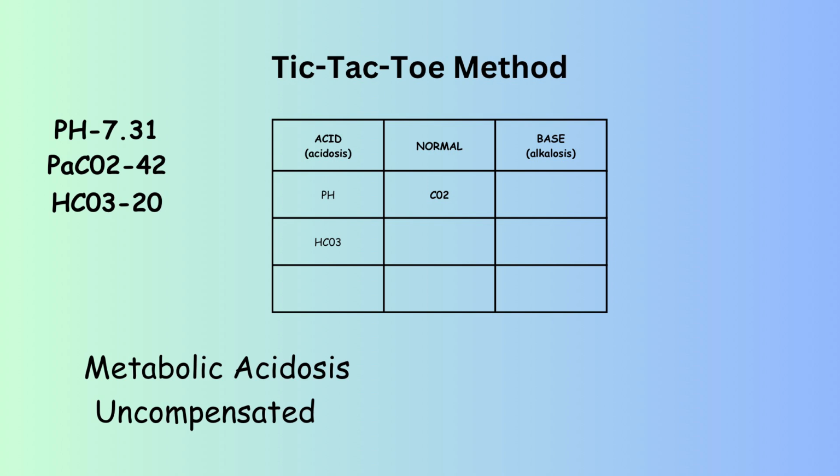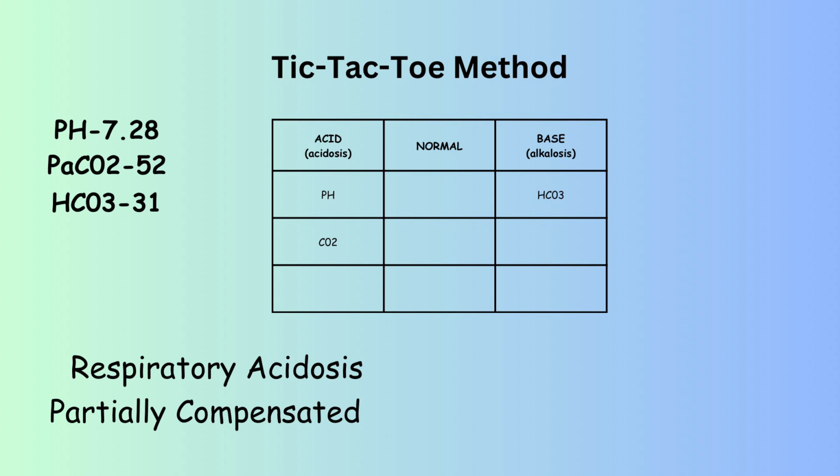Let's look at another example together. Here we have a pH of 7.28, which makes it acidosis. And then we have a PaCO2 of 52, which is acidic. Remember, an increase in CO2 level makes it acidic in the blood.